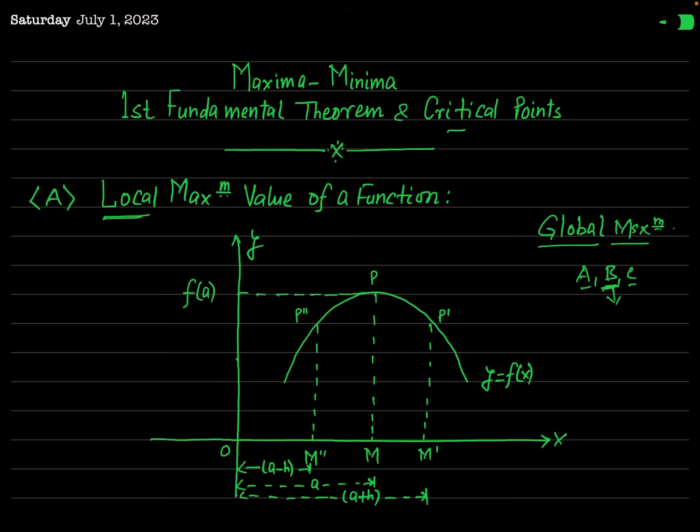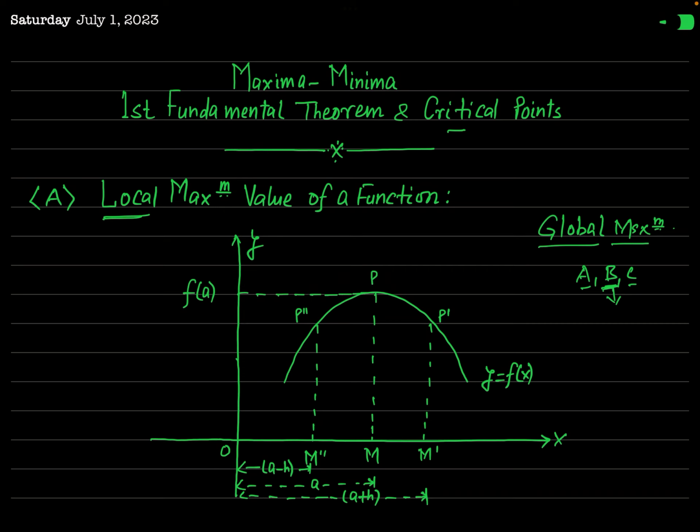When we talk about local maximum, we always compare the value of a function with its value at local points, or the points in the close neighborhood of the point of interest. So let us see this figure.